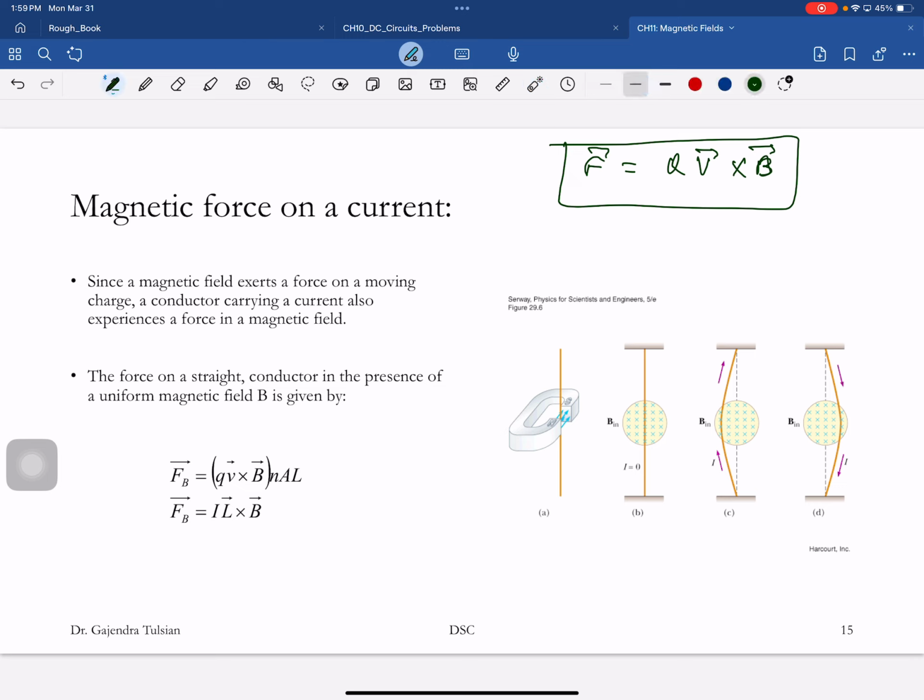Here's V and there's B. The force would be in that direction. Each charge would feel a force in that direction, and there's a whole bunch of charges moving in that wire. The force on the wire will be the sum of the forces on all the charges.